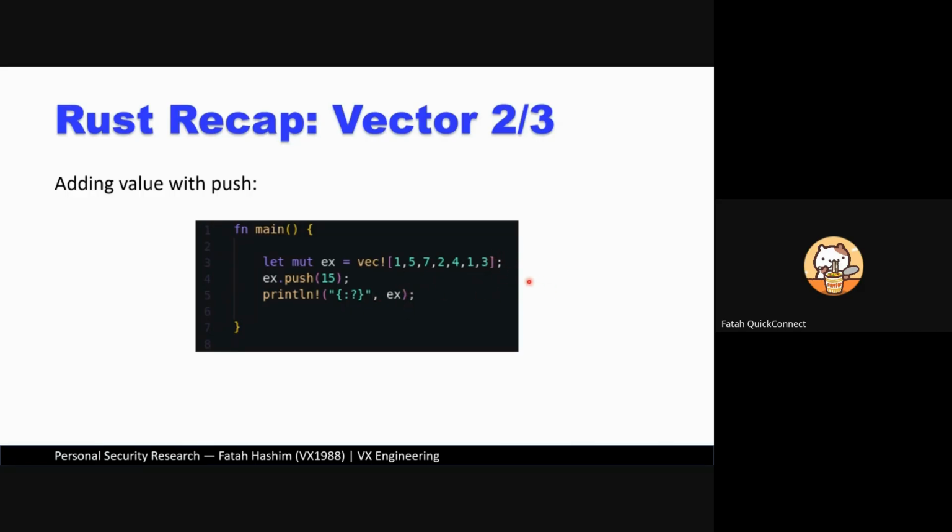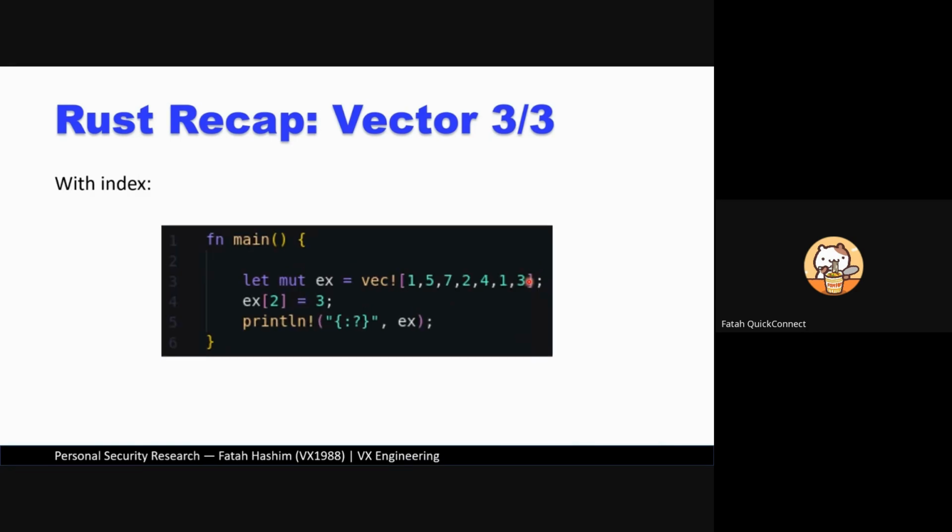All right. Next, here's another example also. But this one, you can do it with an index. You start with index 0. All right. Let mutable variable, this is a vector, and okay, variable, and index 2, 0, 1, 2.